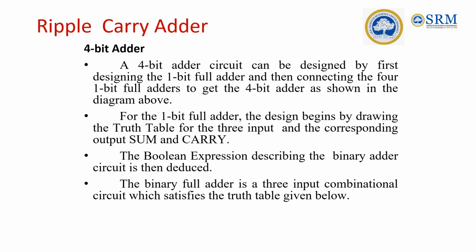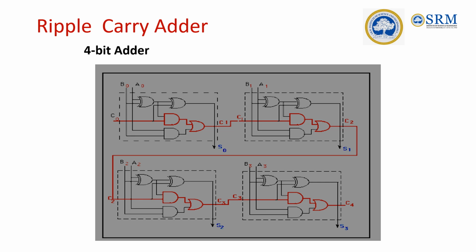So we'll see the 4-bit ripple carry adder. This is the internal implementation of the 4-bit ripple carry adder. If you look at it, there are two inputs A0 and B0 with C0. The output is C1. This is the input of the next full adder with A1 and B1, likewise. You also get S0 in the first case and S1 in the second case, plus C2 is the input for the third full adder along with A2 and B2.